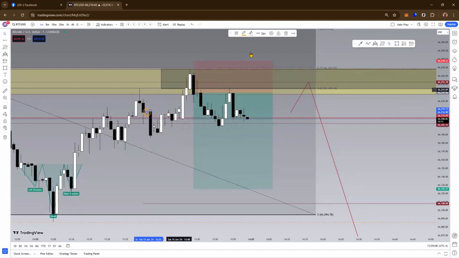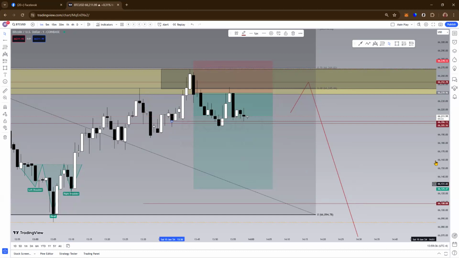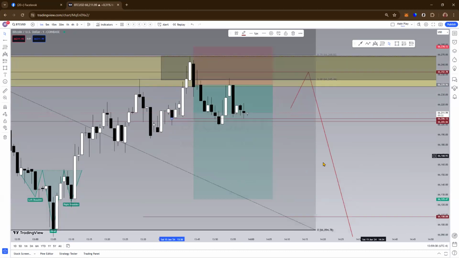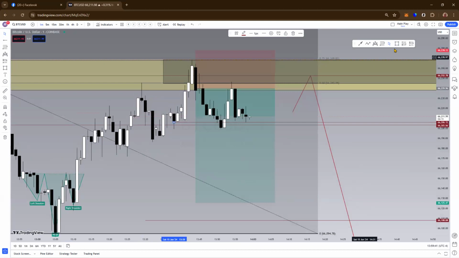That's the low, right? So the market came up, made a high, we came down and broke that low right here. So when you see something like that, it's a good opportunity that the market will go in our favor.